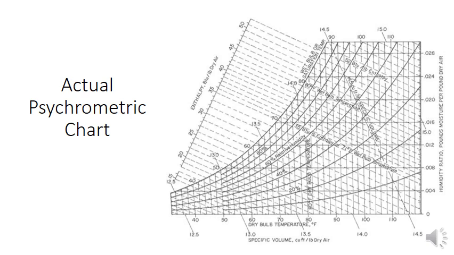Similarly, the curved lines are the relative humidity lines, and then the inclined lines are the specific volume lines. So 13.5, 14 or 14.5, whatever these values are, they start from 12.5 basically. So 1, 2, 3, 4, 5, 6 lines are there. This will give you the values.